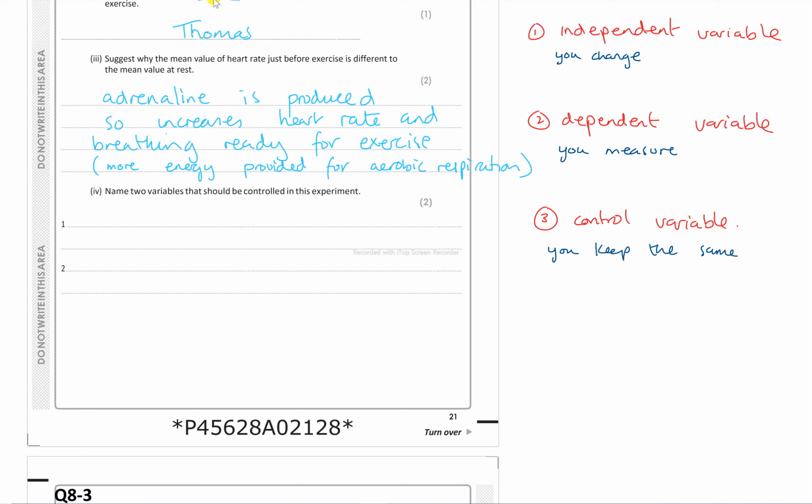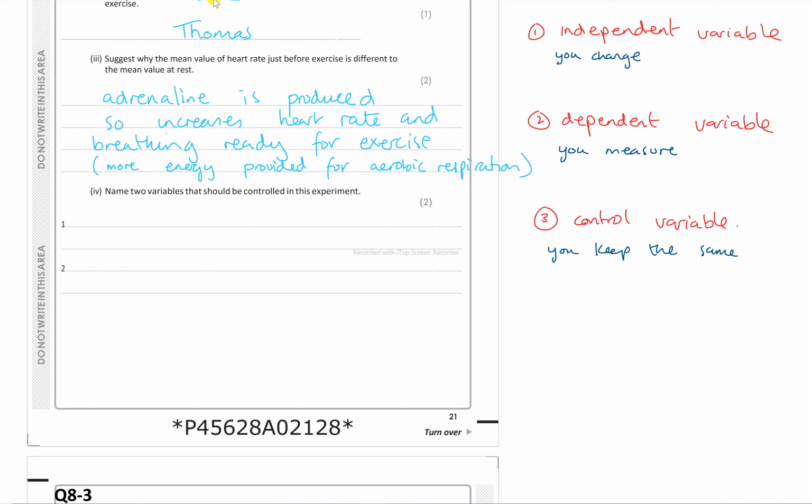So for example, if you want to know whether going to the gym 3 times a week for a month affects fitness, you don't want to choose 3 people that are obese, 3 people that are old, 3 people that are young, 3 people that are doing exercise regularly, because it doesn't give you an idea of whether the exercise changed things or whether it's the people and what condition they're in the first place.